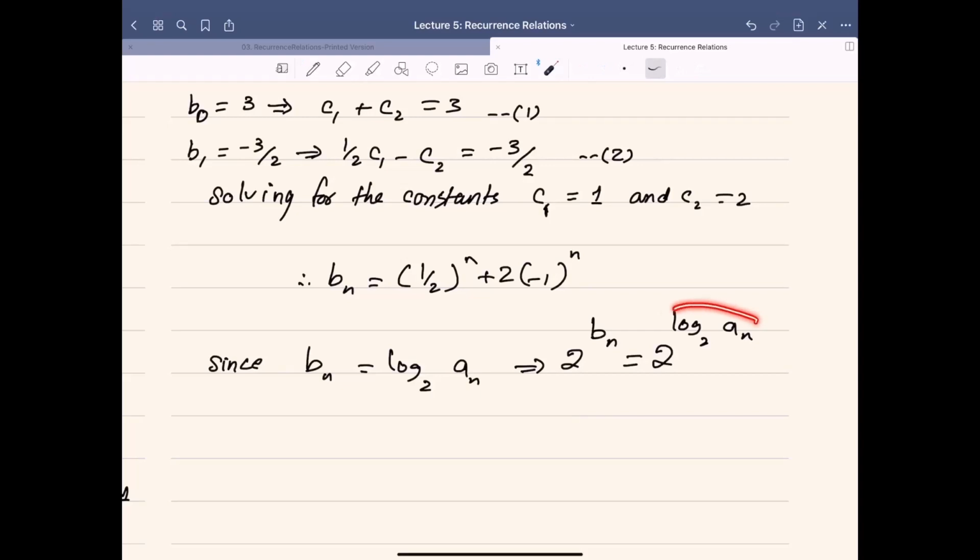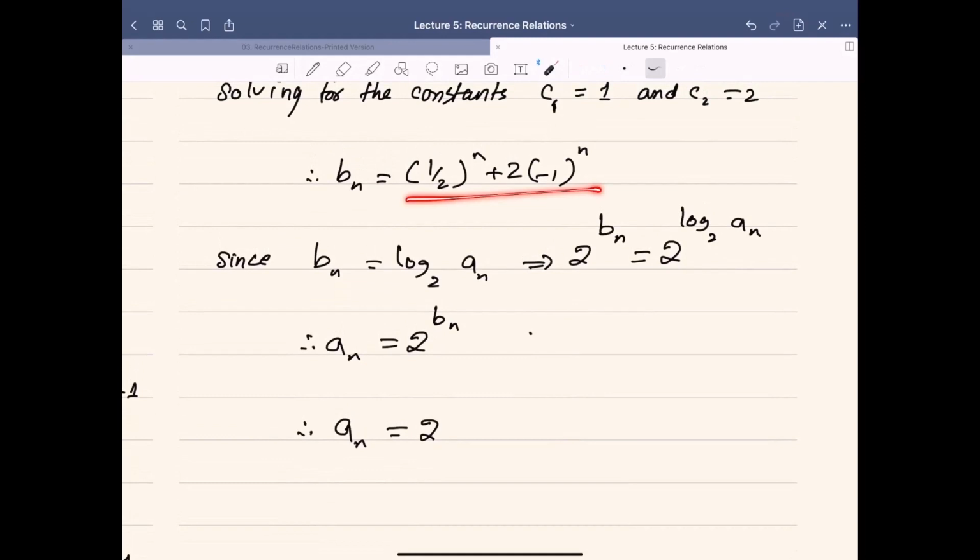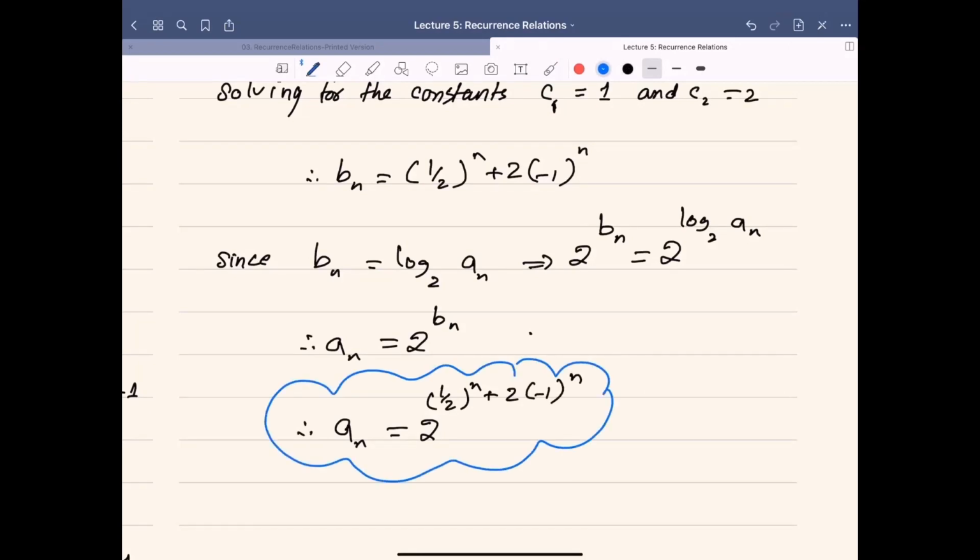Now you know there is a rule that 2 to the power log 2 cancels out, so we will have a_n equal to 2 raised to power b_n, and remember b_n is already found. So a_n is equal to 2 raised to power this expression, which is 2 raised to (1/2)^n plus 2 times (minus 1)^n, and this is the final solution.